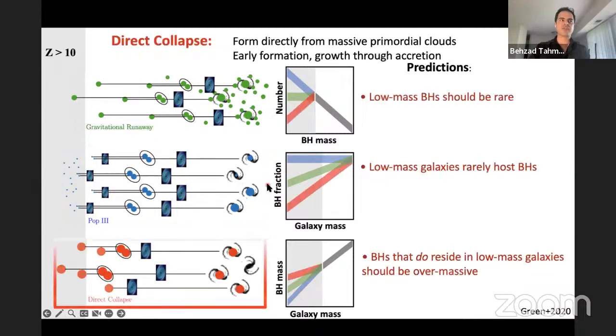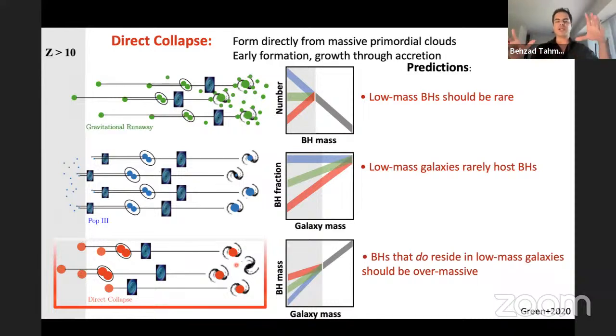The third scenario is direct collapse, which happens when a massive gas cloud falls under its own gravity. Without forming a first star, it directly collapses and forms a very massive black hole. This needs a very specific situation: the gas cloud should be very dense and not break into smaller pieces.